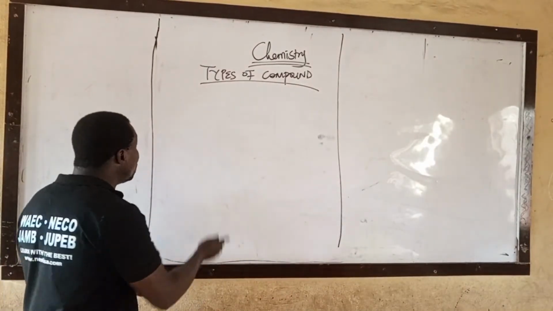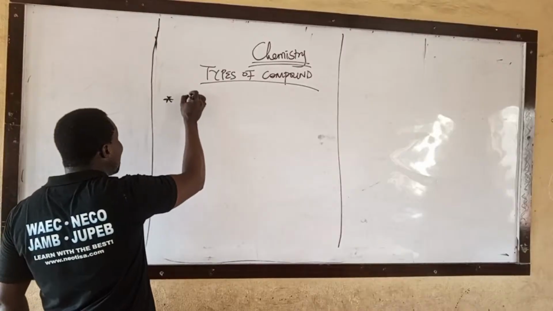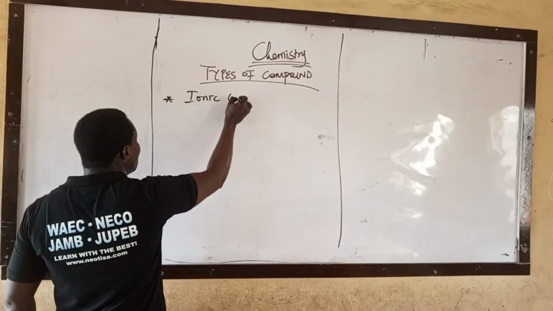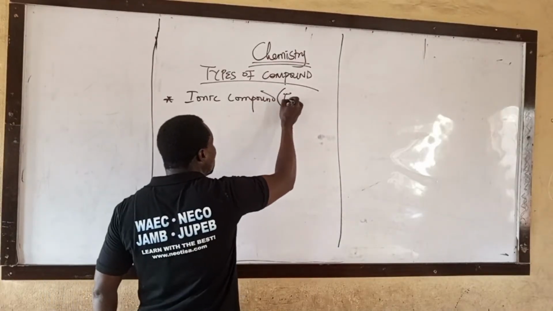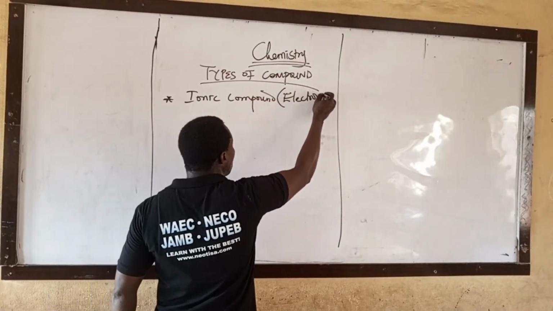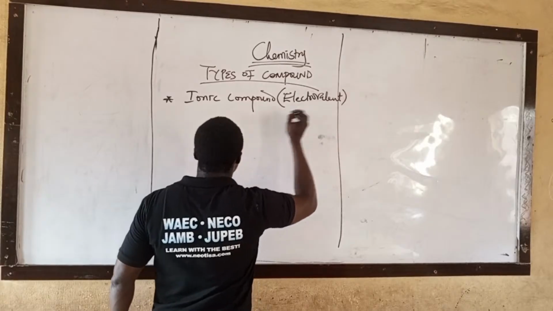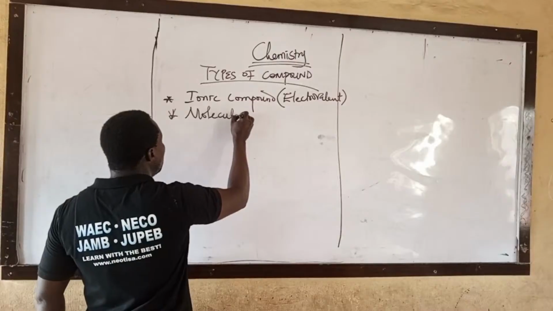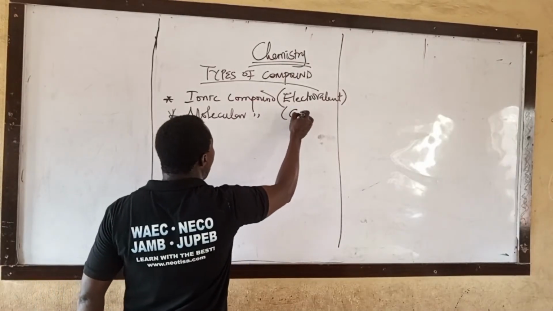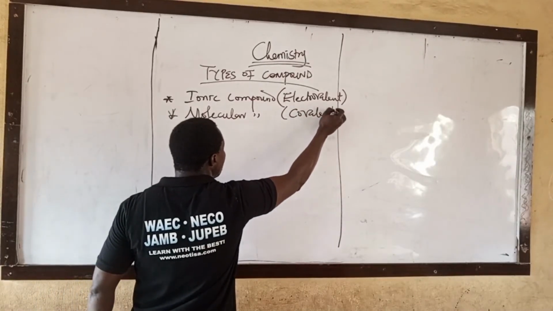Types of compound. I told you that the first one is what? Ionic compound. And I've given you the meaning of ionic compound. Another name for it is what? Electrovalent compound. And I said the second one is what? Molecular compound, which can also be called covalent, which you are common with.